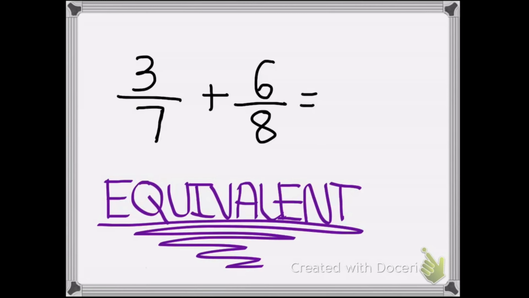So 56 is the least common multiple of 7 and 8 because it's the smallest multiple that's the same in both of the multiples. Okay, sure. We found that the LCM is 56. But what will we use it for? Well, the LCM of both the numbers will be the denominator. 56 is the denominator. So we need to find the numerator.